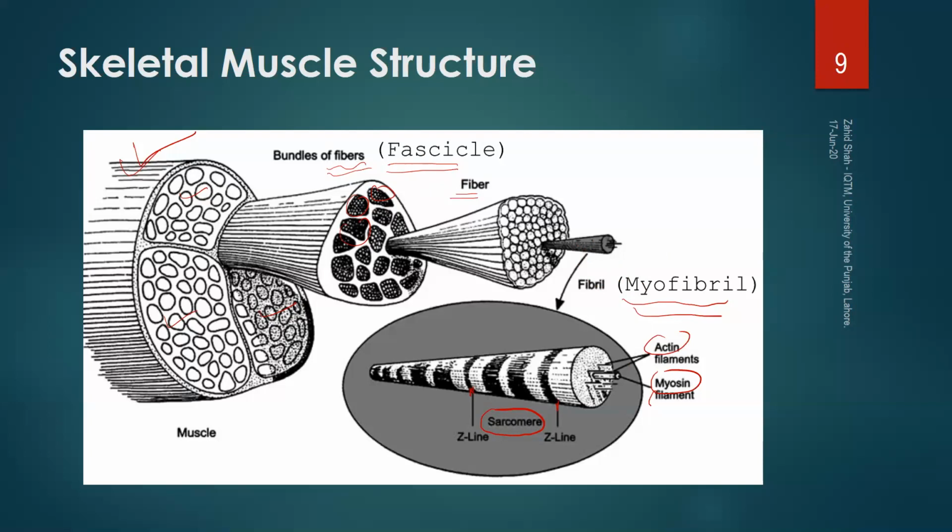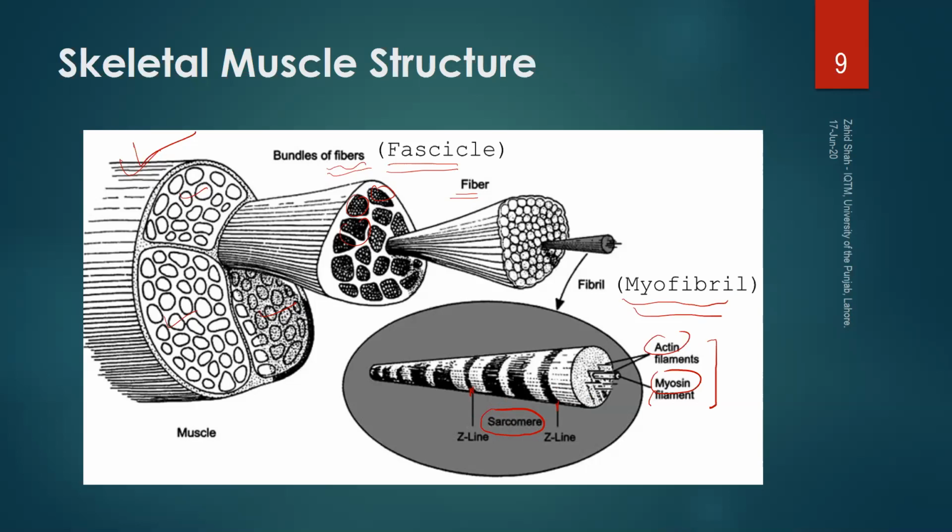Depending upon the instructions that the muscle receives from the nervous system, either the muscle contracts or relaxes. The actual movement is taking place at the sarcomere level, that is between actin and myosin, and that movement then converts into the movements of the higher order elements of the muscle, that is myofibril, then the fibers, and finally fascicles, and as a whole the muscle moves.